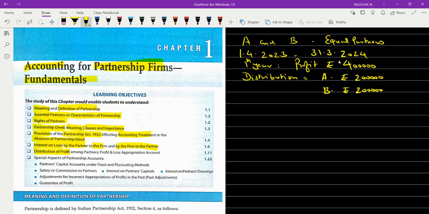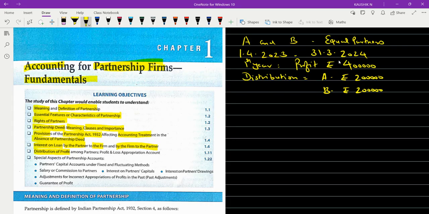All the transactions have been recorded only from the business point of view. But in partnership alone, we will follow two methods. One, you will be recording everything from the business point of view, and simultaneously, we will also be recording all the transactions from the owner's point of view, that is, from the partner's point of view.